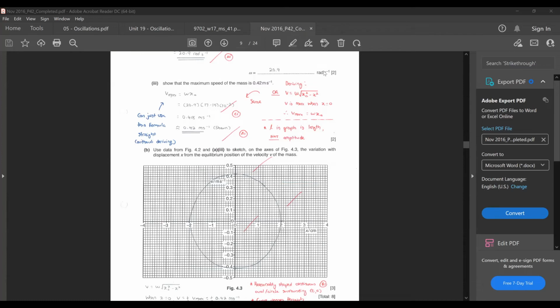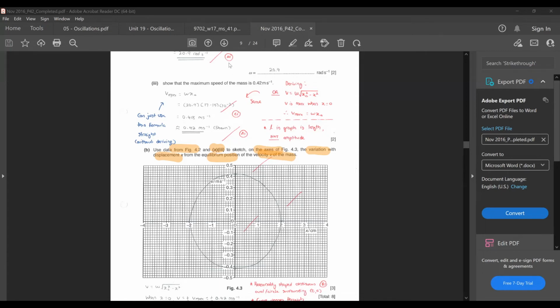Now, for part B: use your data from the figure and A3 to sketch on the given axes of the graph below the variation with displacement x from equilibrium position of the velocity v of the mass. Okay, so here they're actually asking you to sketch a graph of v versus x.